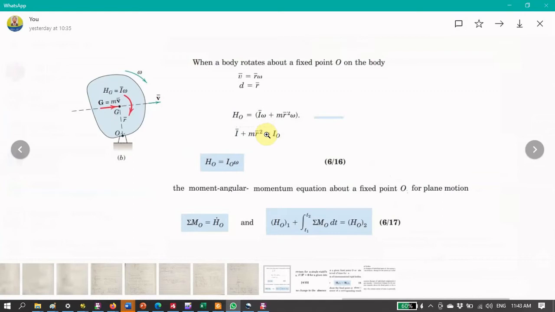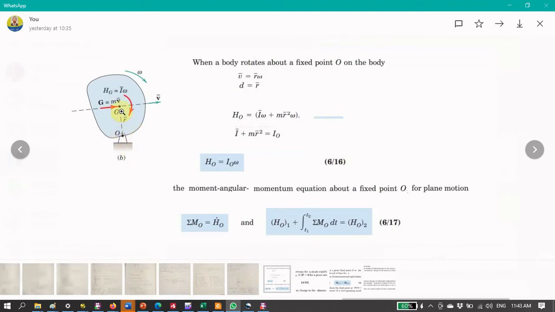The left figure here relates to pure rotational motion. In pure rotational motion, the rigid body rotates about a fixed point on the body.